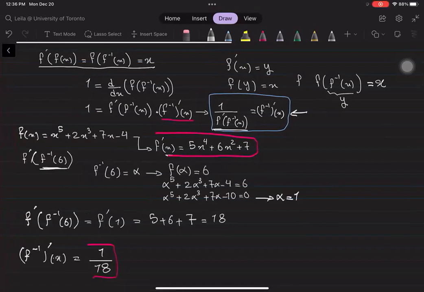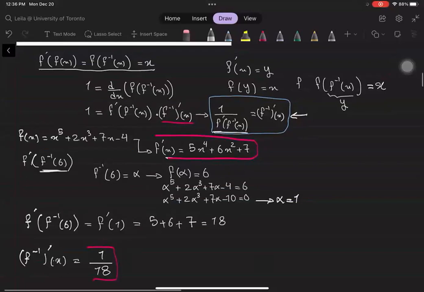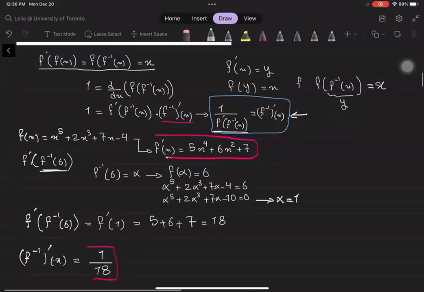Go ahead, Joseph. I'd just like to ask, if you're ever trying to find the inverse, will you have to prove that it's 1-to-1 first before you do it, or can you just assume in this situation? This part?